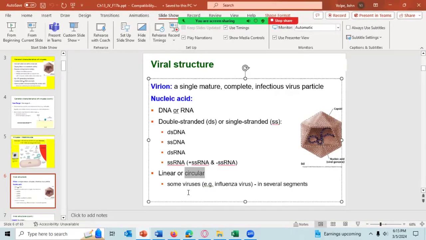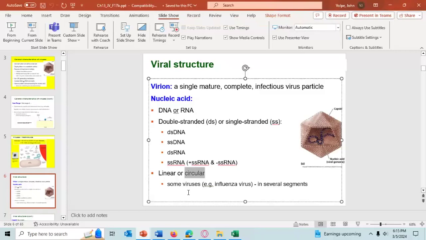Some viruses, like influenza virus, have their genome in several segments. Most viruses have their genome in just one segment. Bacteria generally have their genome in only one segment, so bacteria only have one chromosome.